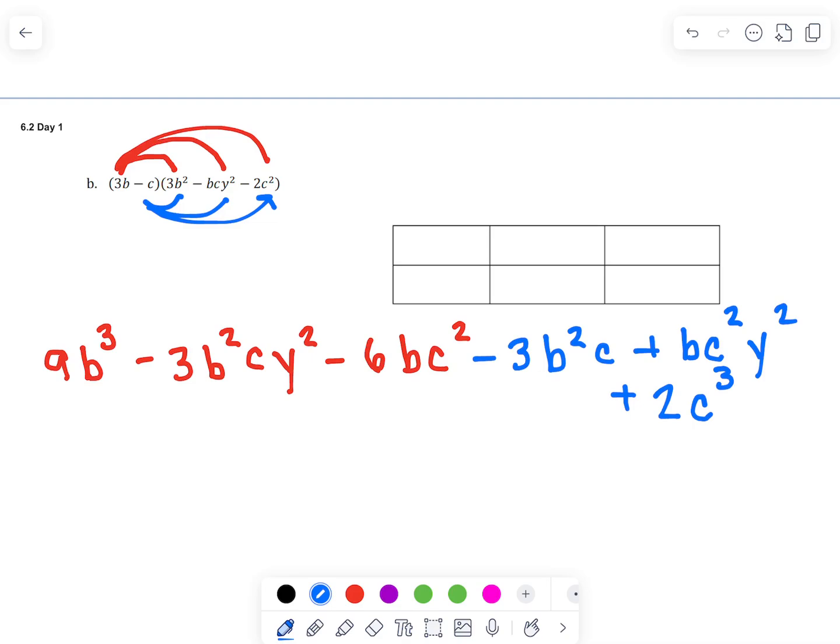They have to have the same variable raised to the same power. So if we look, the first term, we have 9b cubed with no other terms like that. Then we have 3b squared cy squared by itself.